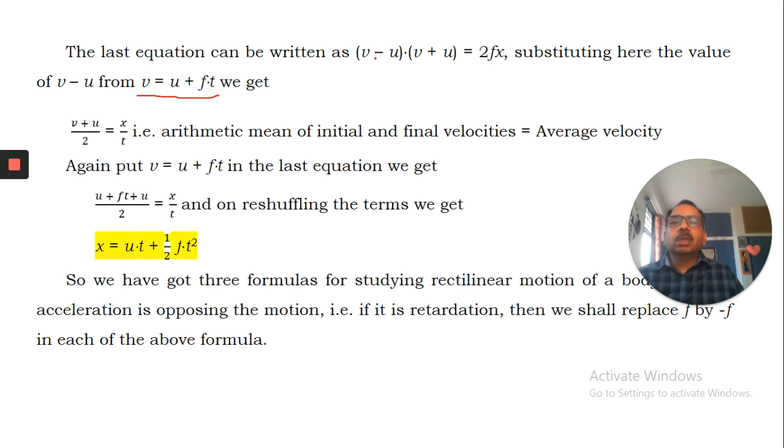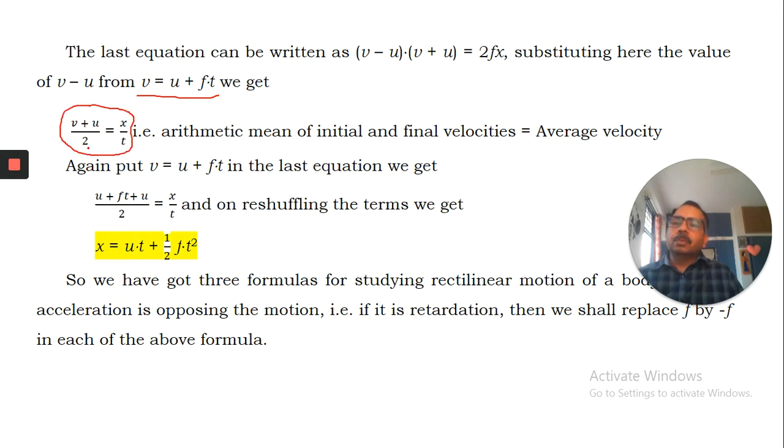After substituting for v minus u equal to ft and cancelling f from both sides and then cross multiplying, bring t down here and 2 down here, we get v plus u over 2 equal to x over t. That is, arithmetic mean of initial and final velocities is equal to the average velocity.